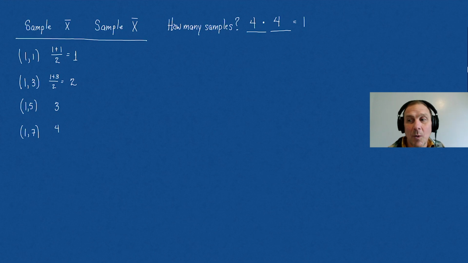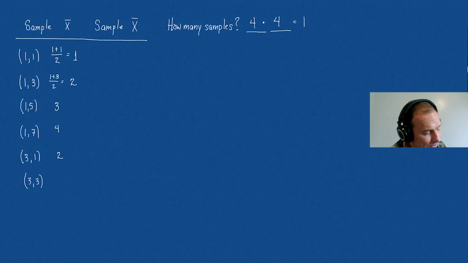Now we've exhausted 1s in the first place, so let's go to the next number. That's a 3 in the first position. And then we'll run through the second position's all possibilities. Well, there's a 1. 3 plus 1 is 4. Divide that by 2. You could have 3, 3. That's going to be 3 and 3 is 6.